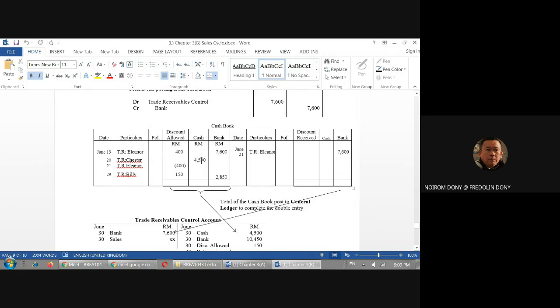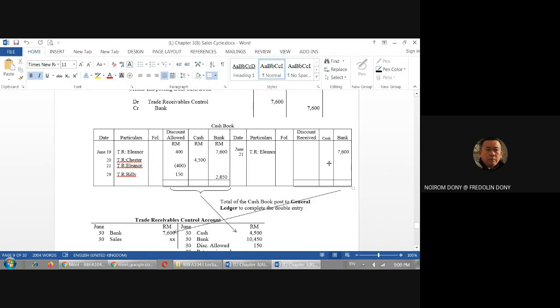Then after that we are informed that the bank dishonored the check, so we have to reverse because it's already been debited here. Reverse means we have to make a credit entry.